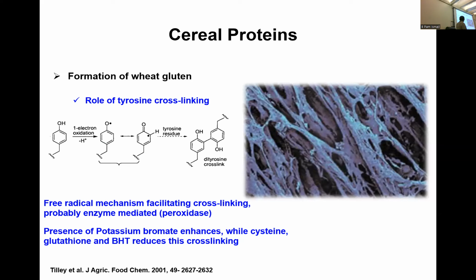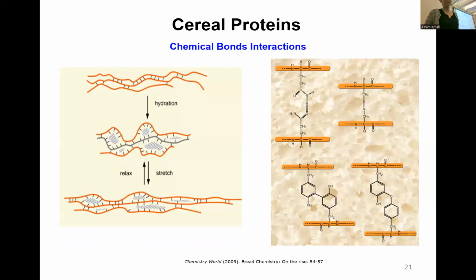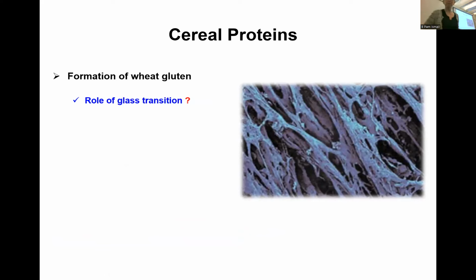They proved it with reducing agents like cysteine or glutathione and antioxidants like BHT, and confirmed that the presence of reducing agents reduces the formation of dityrosine. So they said, okay, it's not just hydrogen bonding and disulfide linkage, there's another mechanism of bonding happening. This is just an illustration of the different bonding: hydrogen bond, disulfide, dityrosine interactions.